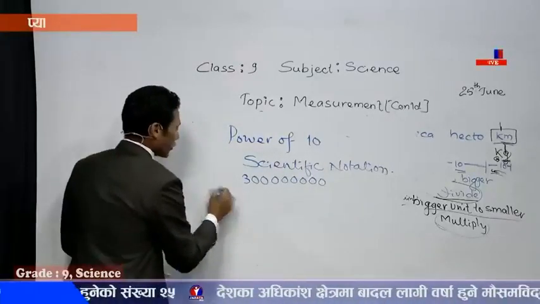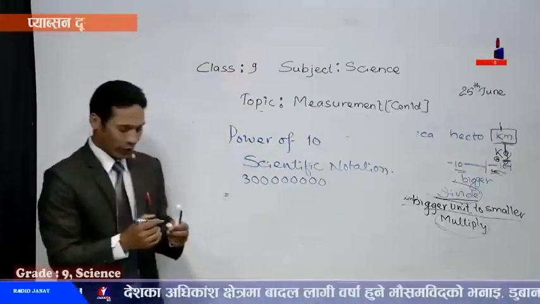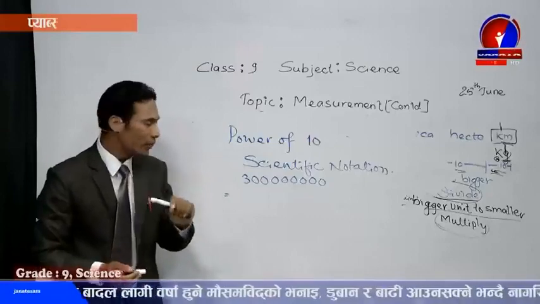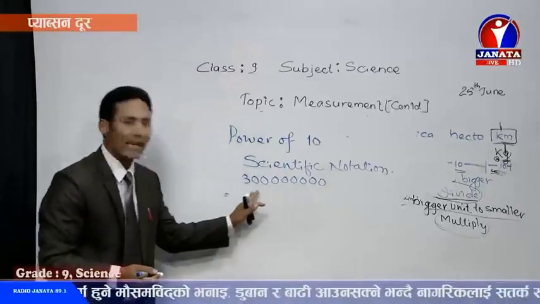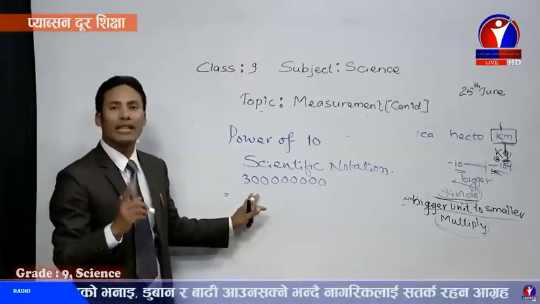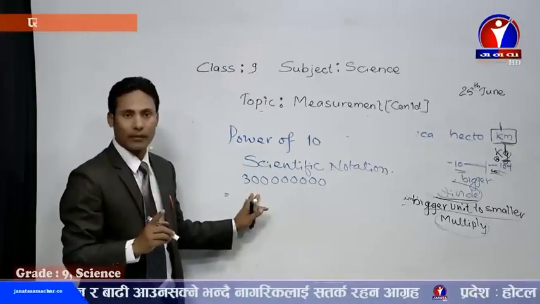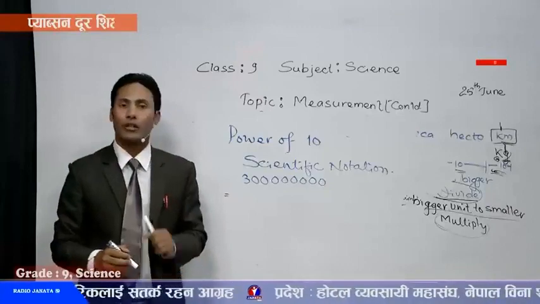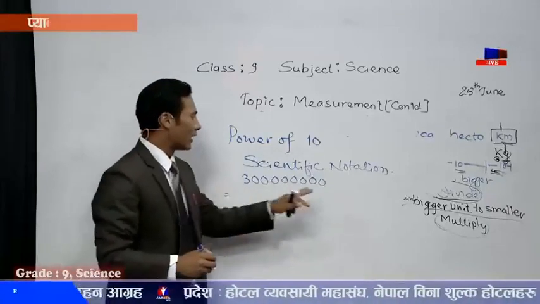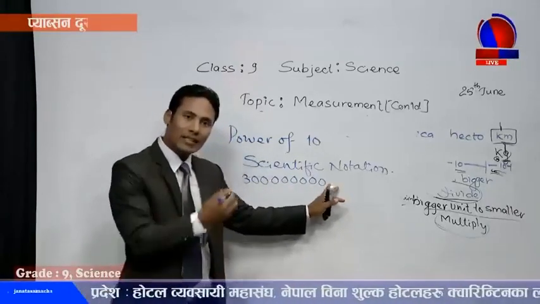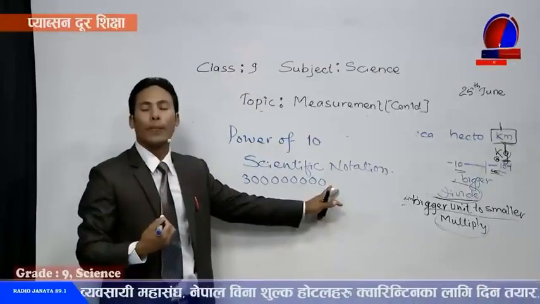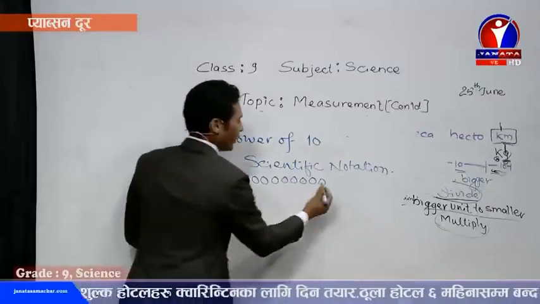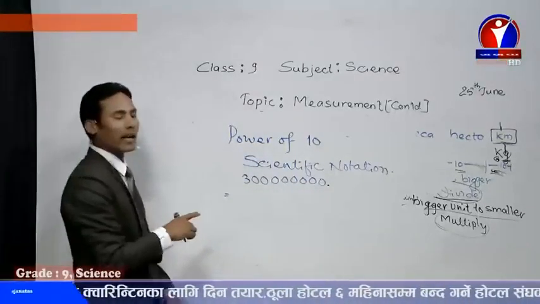Let's see. In the scientific notation, if the decimal point is shifted to the left hand side, then the power gets increased. That is the law or rule for writing the power of 10 or scientific notation. For example, the decimal is here right now, right?